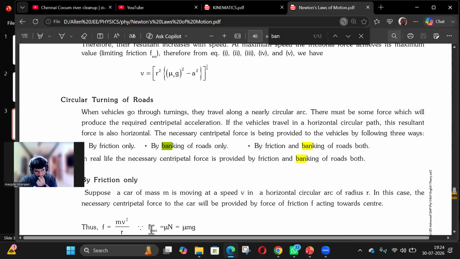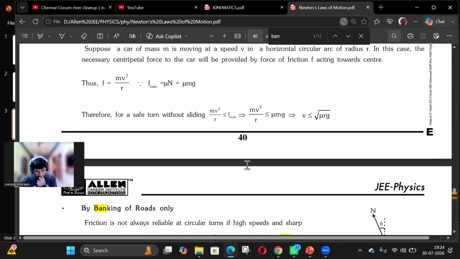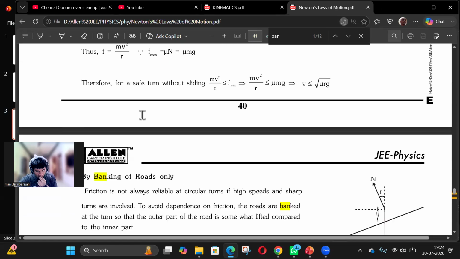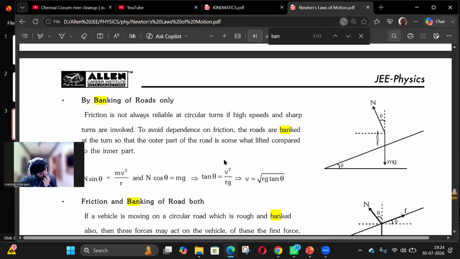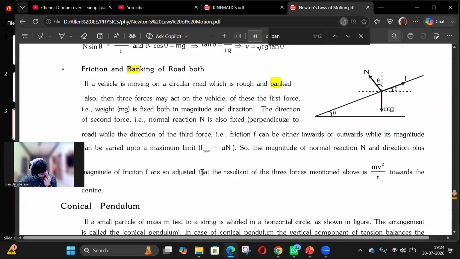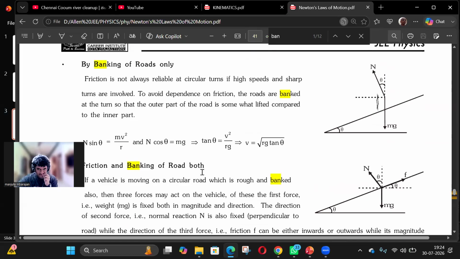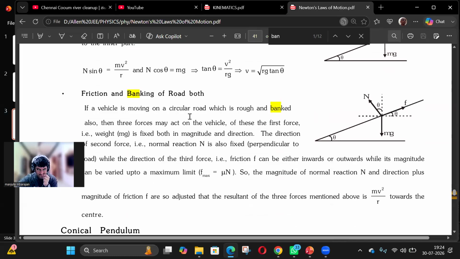Oh, banking. So without banking, the friction moment is on a flat road. Once I bank it, mg sin theta is down the plane, mg cos theta is opposite the normal.